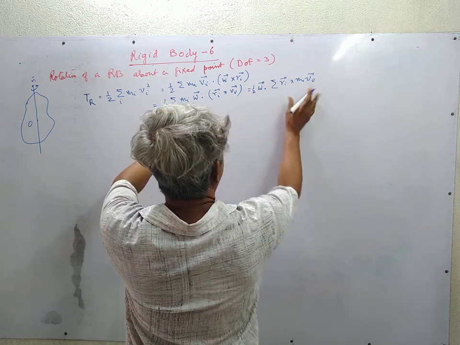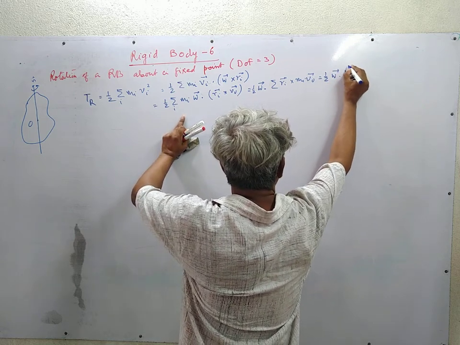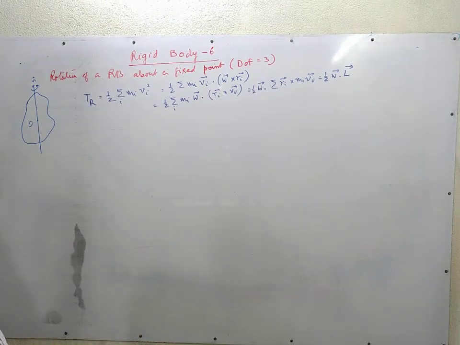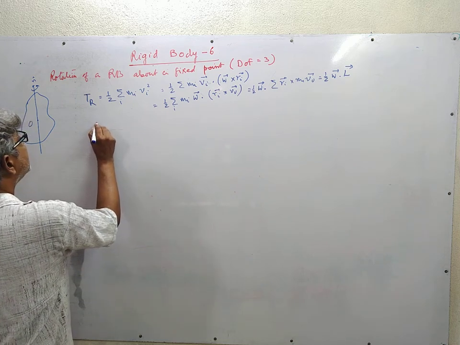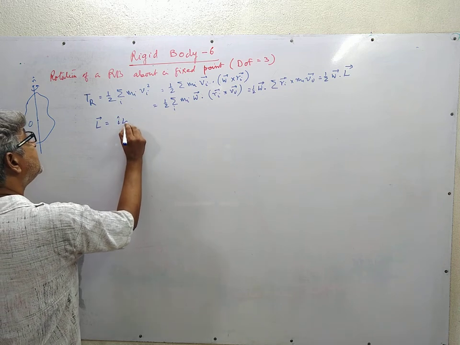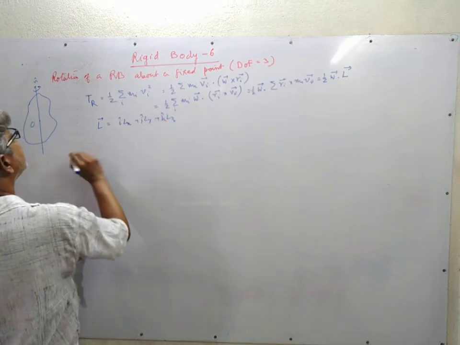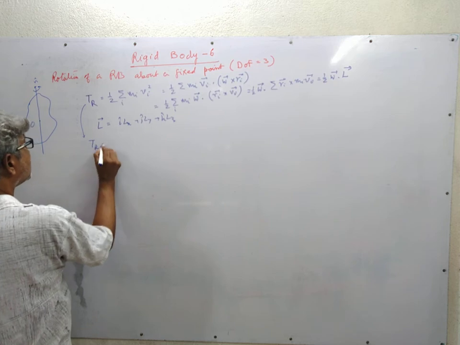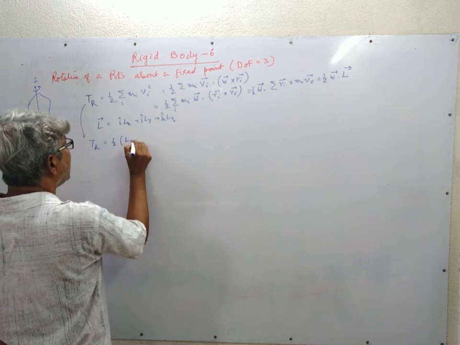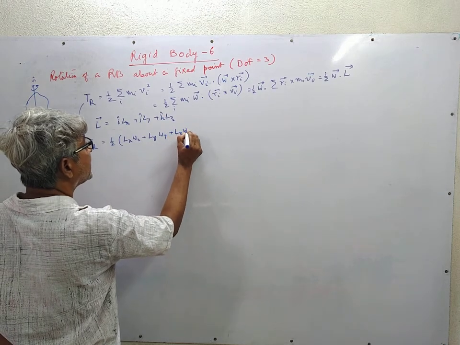So this is the angular momentum L, so this is half omega dot L. If we write L in its component form, L is equal to i cap Lx plus j cap Ly plus k cap Lz, then the kinetic energy Tr becomes half Lx omega x plus Ly omega y plus Lz omega z.